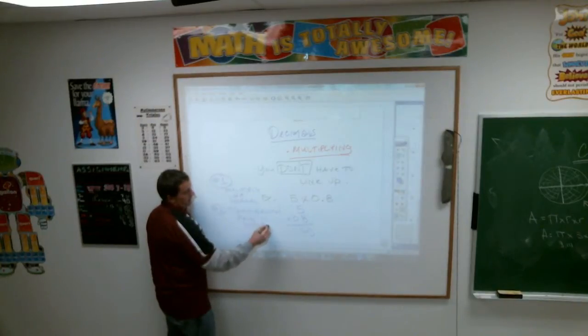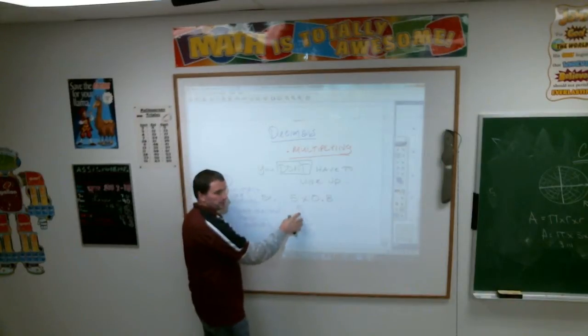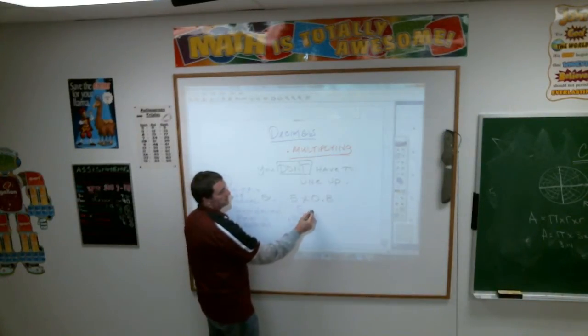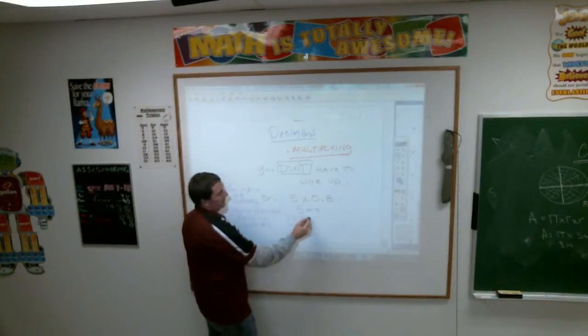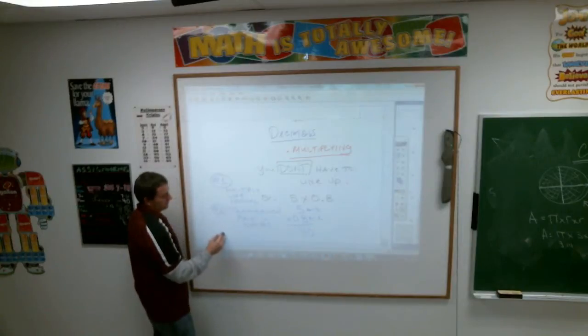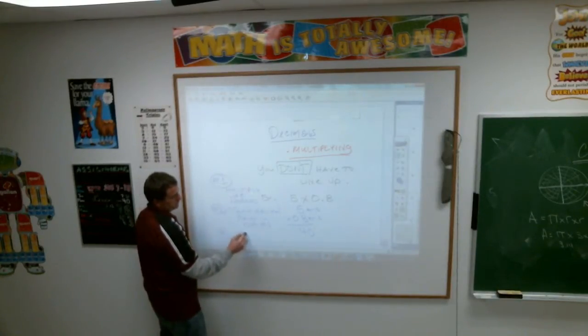Which means there are no digits to the right of the decimal here, that's a big fat 0. This one has 1.